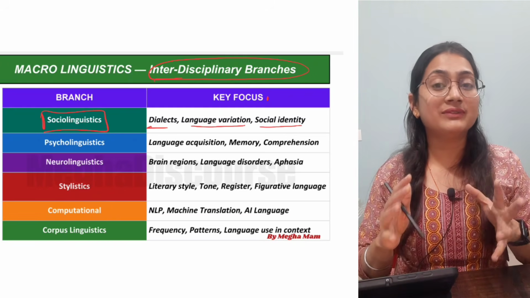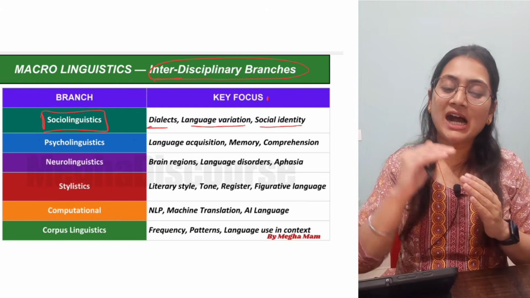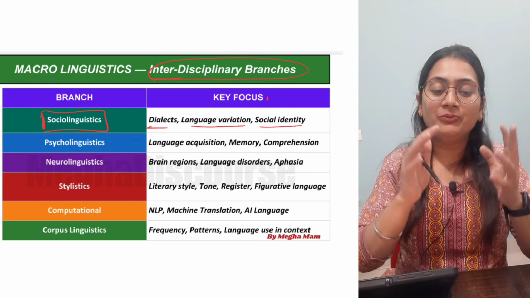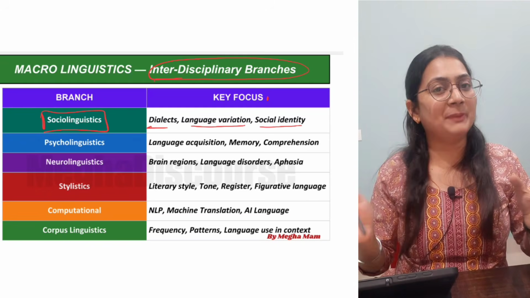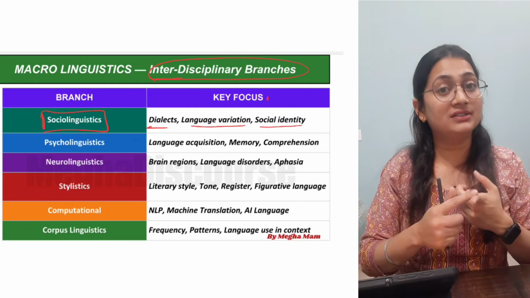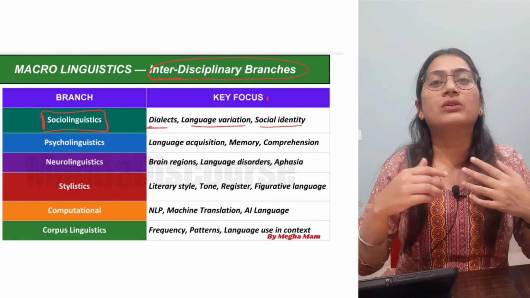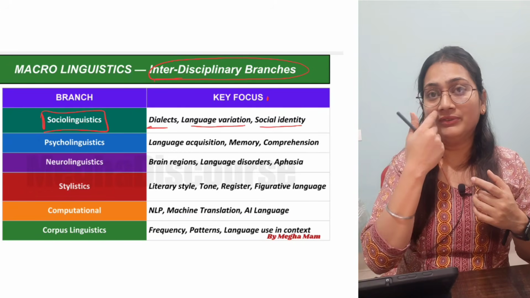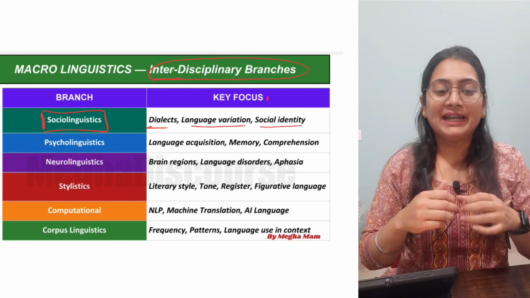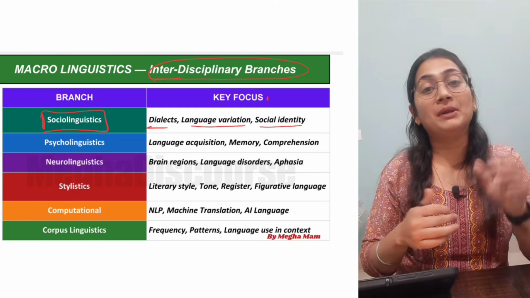In sociolinguistics, we understand how language arises based completely on social aspects like class, gender, ethnicity, class conflict, and regional conflict. For example, there is the word master.